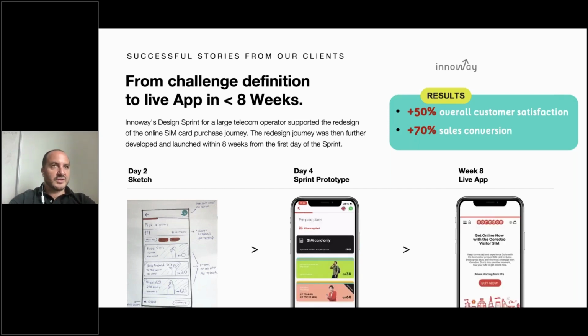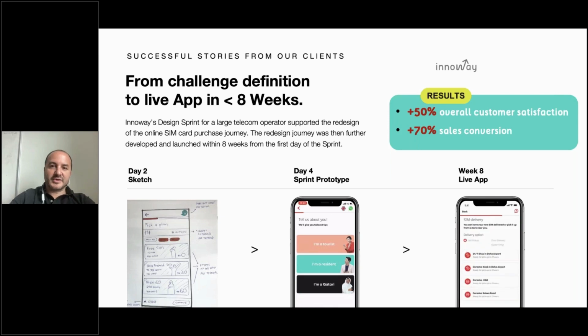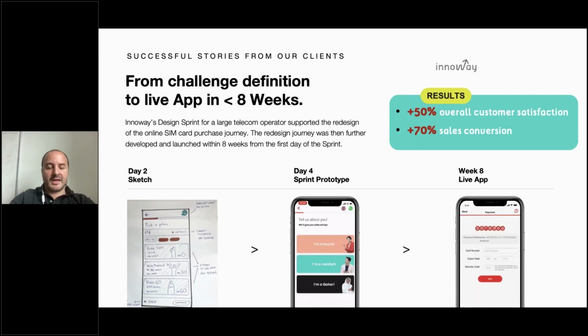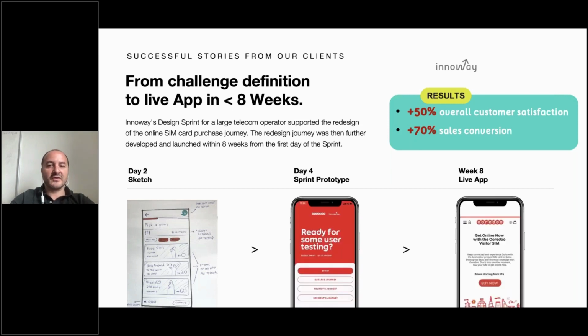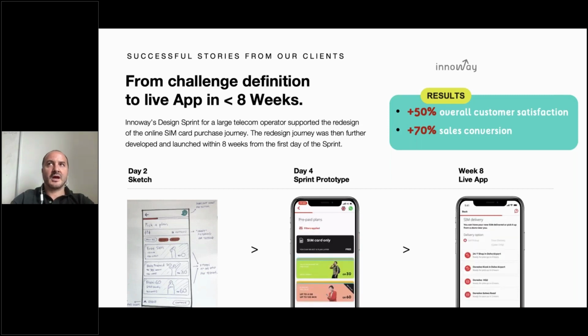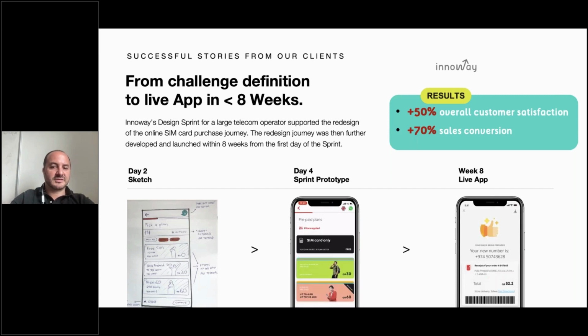So we took the challenge and we used the design sprint methodology to speed up the process. And we managed to get 50% more overall customer satisfaction, and we will understand how we measure that and why, and 70% sales conversion.